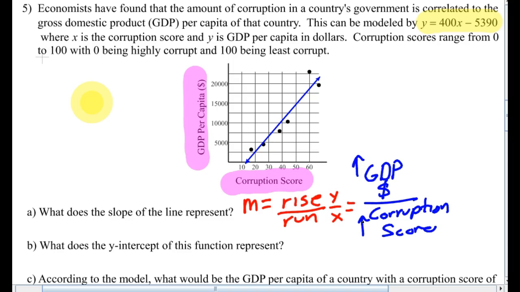That's what that means. Okay, because the line is going upward. So you can write the GDP increases with the corruption score.